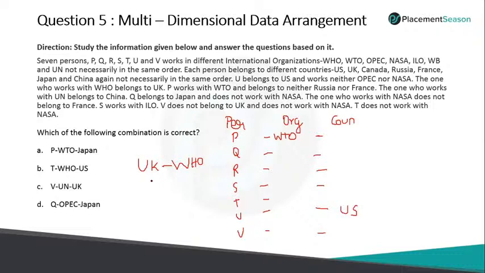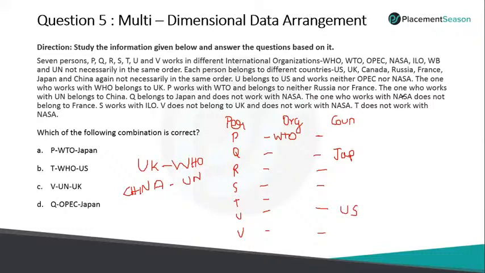The same way as we have written here, UN means China. Q belongs to Japan and does not work with NASA. So we write the country here in short form, JAP, right?